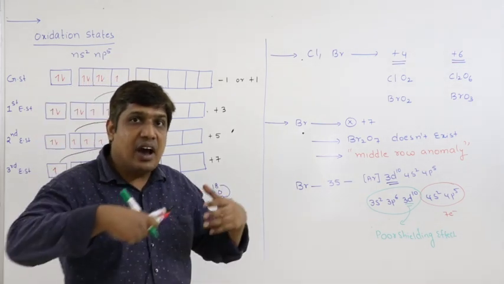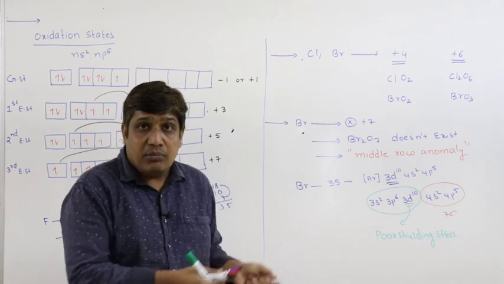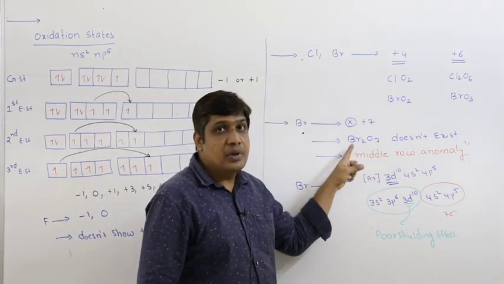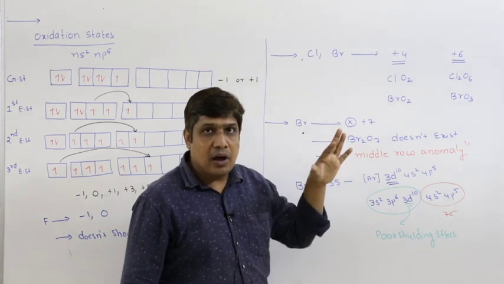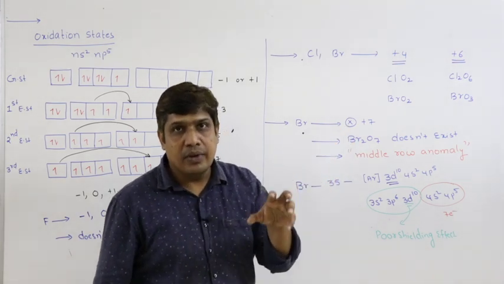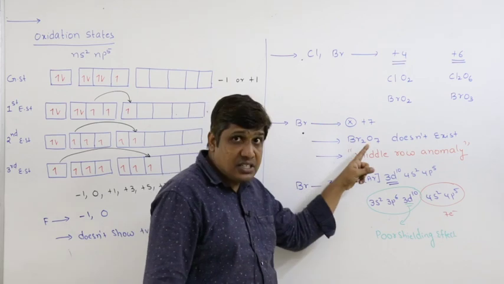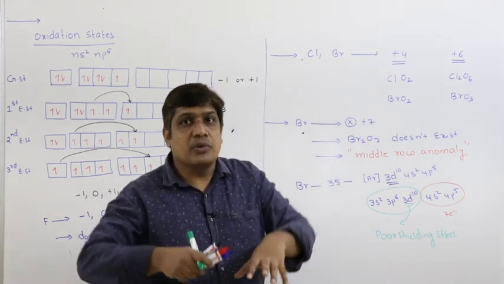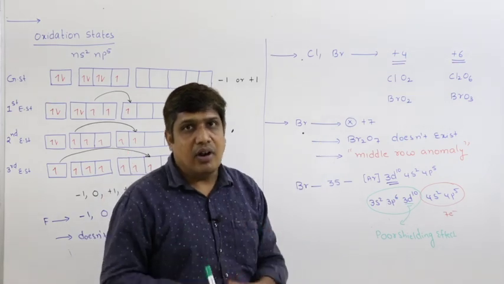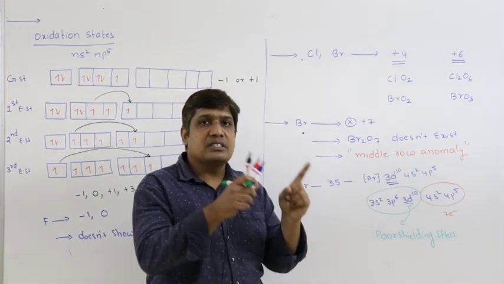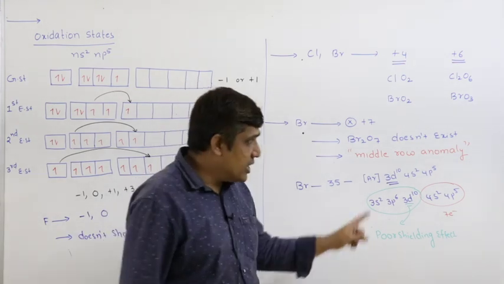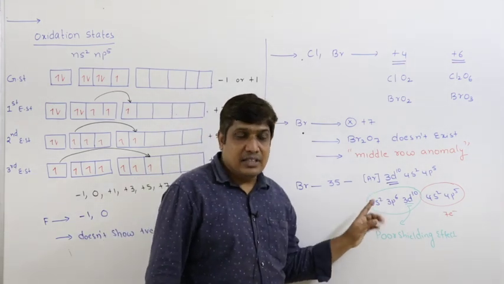This energy we are supplying externally, but that much energy should be compensated during the bond formation in Br2O7. Then only the compound is formed and will be stable. If that much energy is not released during bond formation, the compound formed is highly unstable and will decompose. Here that doesn't happen.